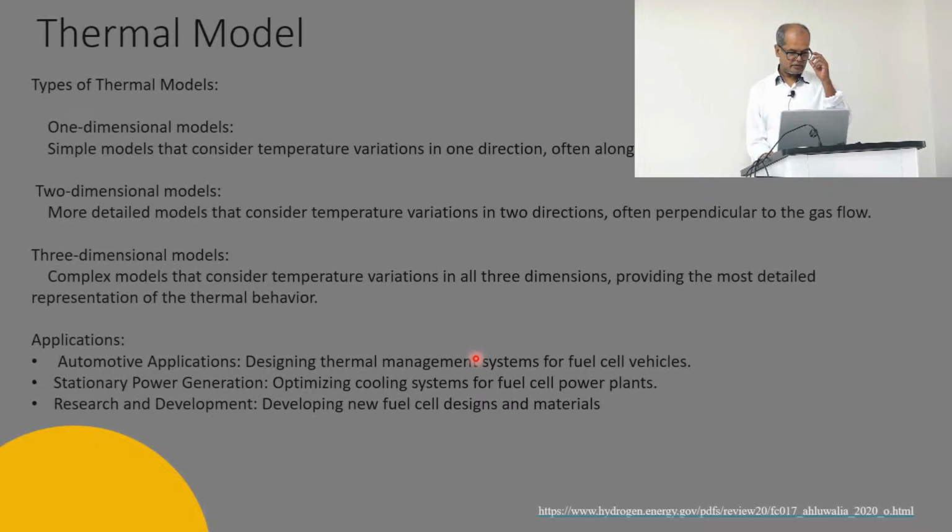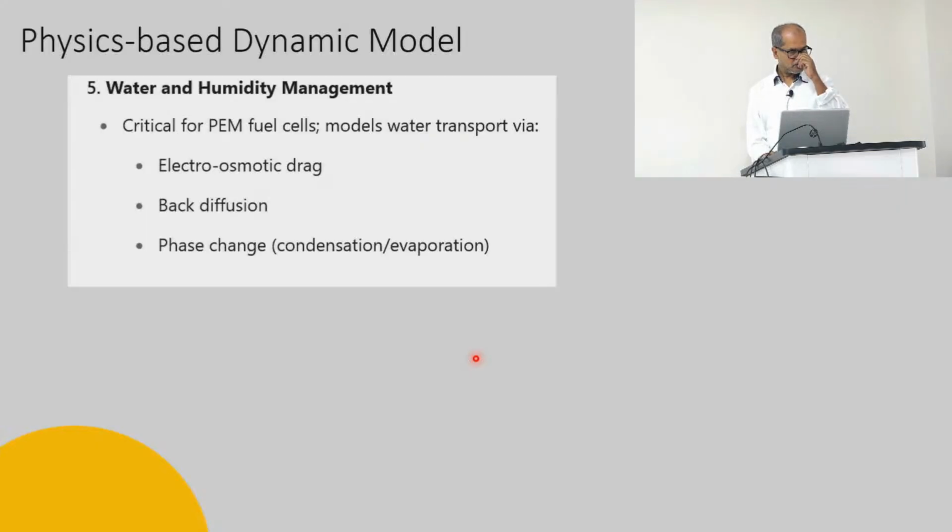You need to consider this type of model. And the final one, we also need in water humidity management systems. It considers these few things, which are mostly economically important when you do that in a PEM fuel cell.